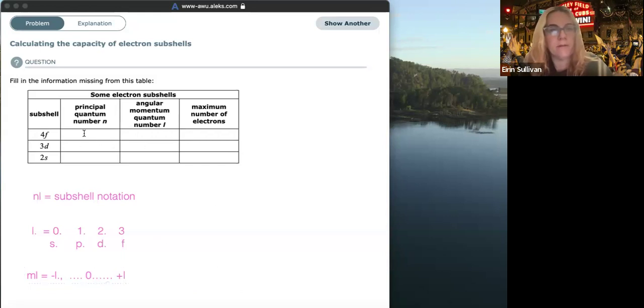All right, so we've got the 4f subshell, so that means n equals 4, and the f designation tells us l equals 3. Now we can work out the possible values for ml. For 4f, ml could go between minus l and plus l.